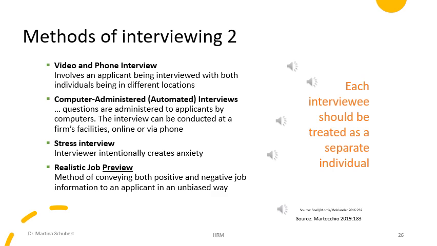Realistic job previews have been increasingly common in certain fields because of the high turnover rates and the constant cost of replacing those individuals who do not work out.